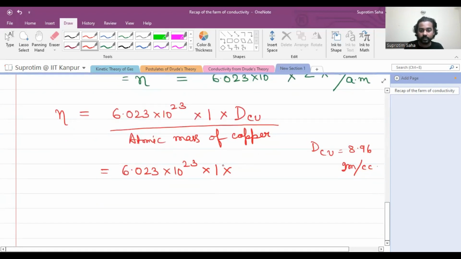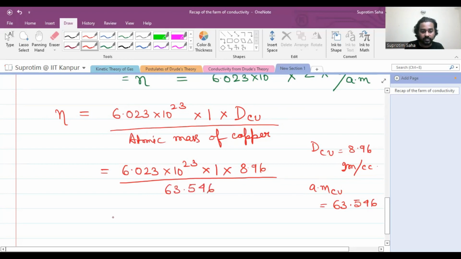All right, and the atomic mass of copper is 63.546. So 8.96 divided by 63.546.